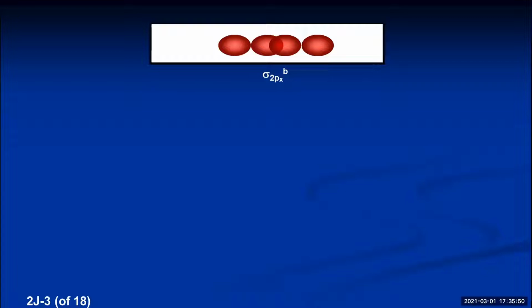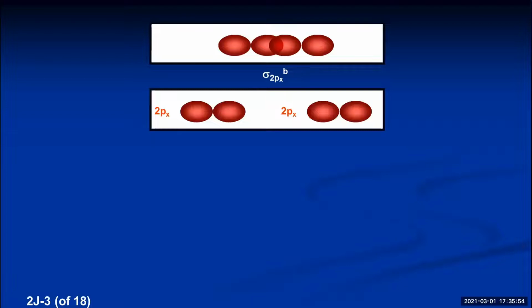So when you add the 2px's, they create this bonding orbital. When you subtract the 2px's, they'll create an anti-bonding orbital. The way you subtract them is by having them overlap with wave functions that are opposite in sign. So I'll have one of the inner wave function lobes be positive, the other one be negative. That's a crest and a trough in the ocean overlapping. They cancel out probability.